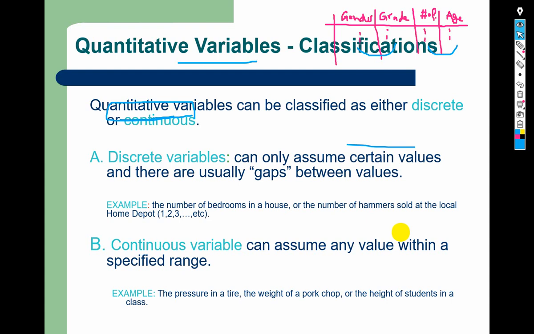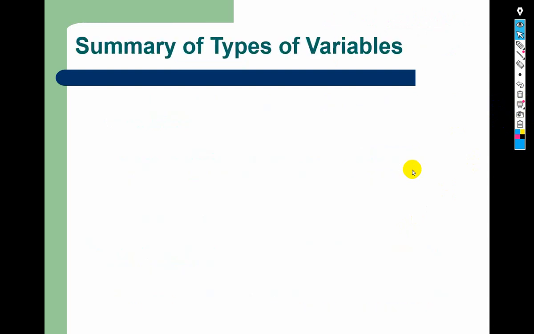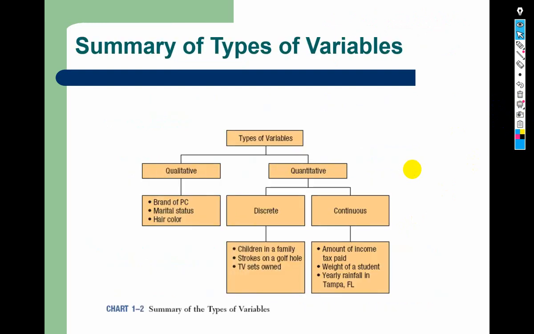Any value within a specific range can be given. Okay, so that is enough now for the difference between discrete and continuous. So now all the classifications: variables can be qualitative, non-numeric, or quantitative, numeric, and for the quantitative we have discrete and continuous. So those are the main definitions.